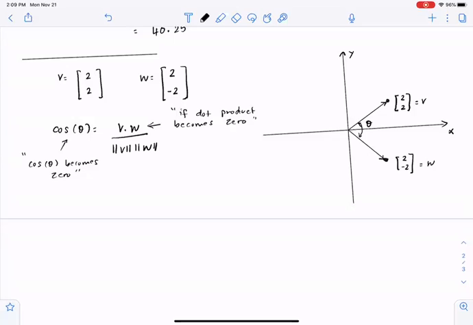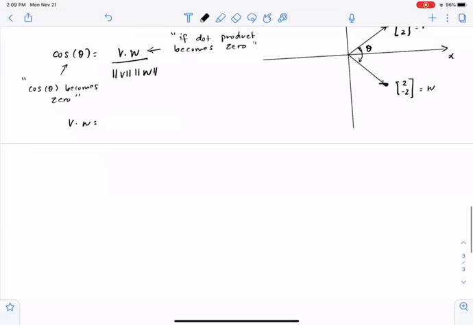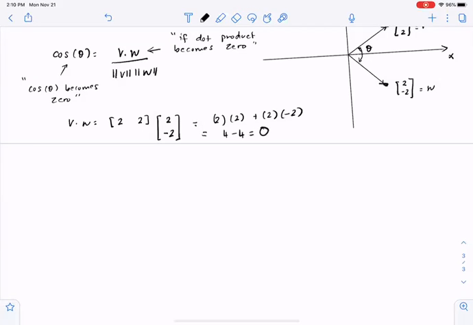So I'm going to find the dot product. (2, 2) and (2, -2). So 2 times 2, 2 times minus 2. 4 minus 4. I get 0.